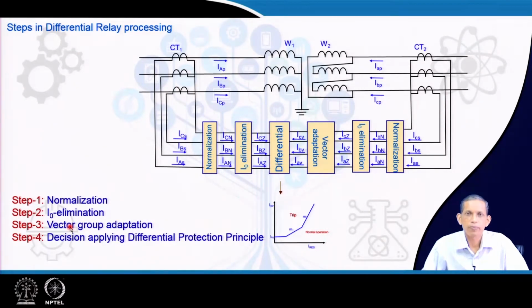There are methods available in other literature, different manufacturers carry out this vector group adaptation in different ways, but its only purpose is to compensate the corresponding angle with respect to the high voltage for the low voltage currents. Fourth step is decision applying the differential principle, that is the final step where the trip or no trip decision is carried out.